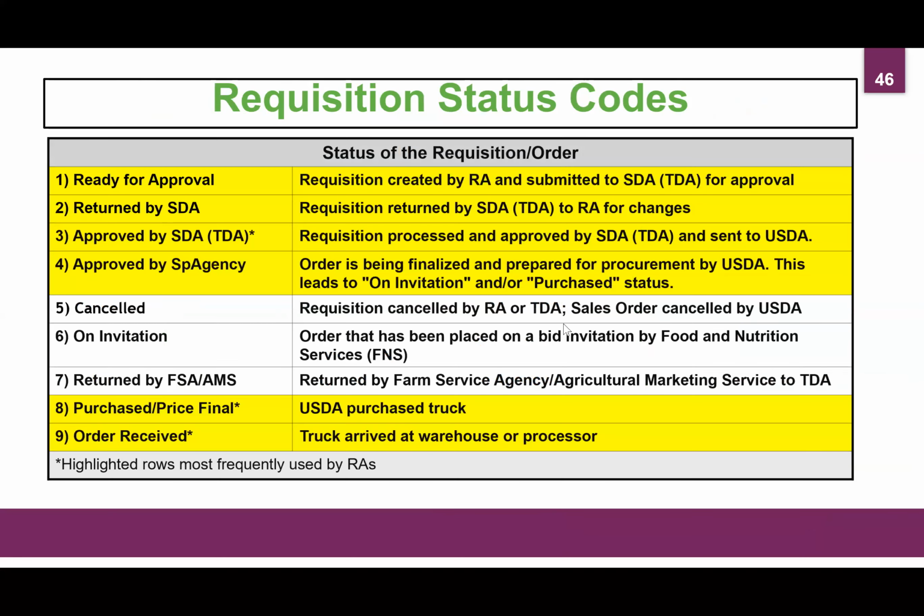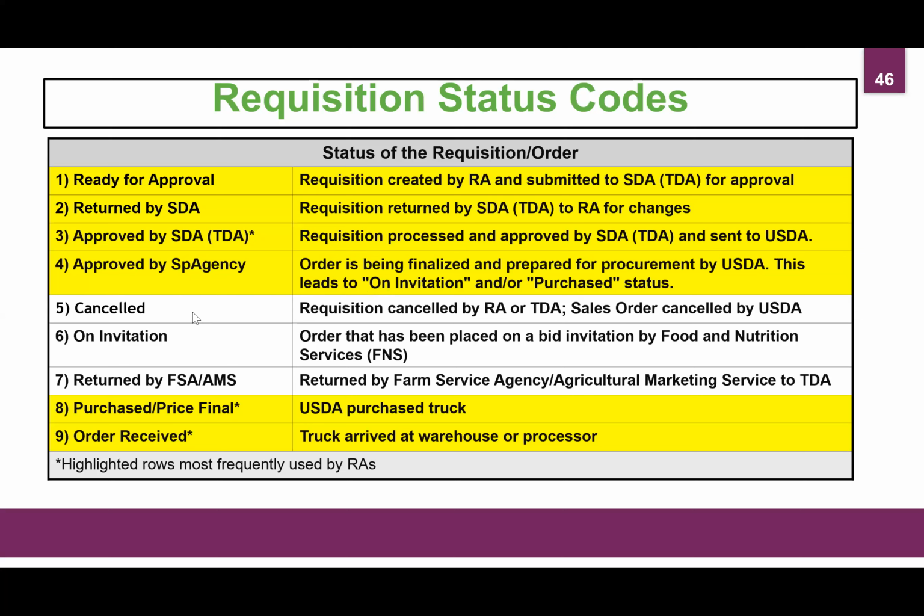Okay, and then these are the codes. So we definitely want to take a look at these: ready for approval, returned by the state distributing agency, approved by the state distributing agency, which would be TDA, and then approved by the SP agency. So that's going to be the purchase status.